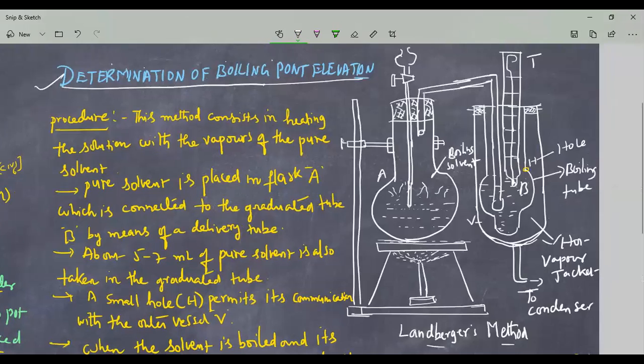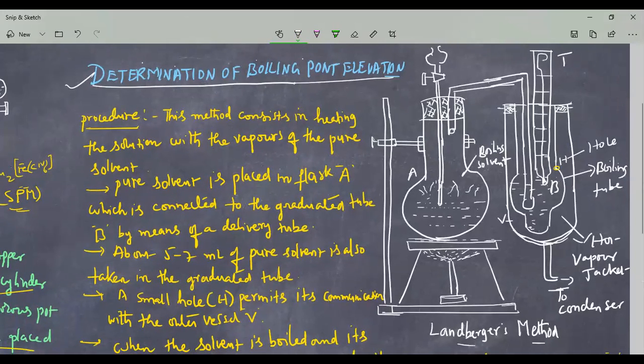This is a diagrammatic picture. In this picture we have boiling tubes, and we are also observing a graduated tube. That means a boiling flask is there in this picture, and the inner tube of this one. This is the boiling flask.